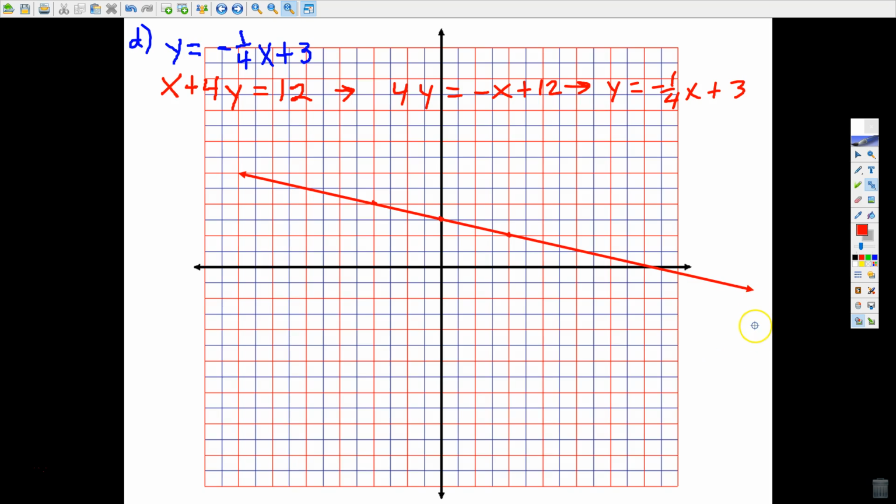Okay, so there's the line, and here's how we interpret this situation. Any ordered pair that we could find that is on this particular line is a solution to this system. That means 0, 3. That means 4, 2. That means 12, 0.